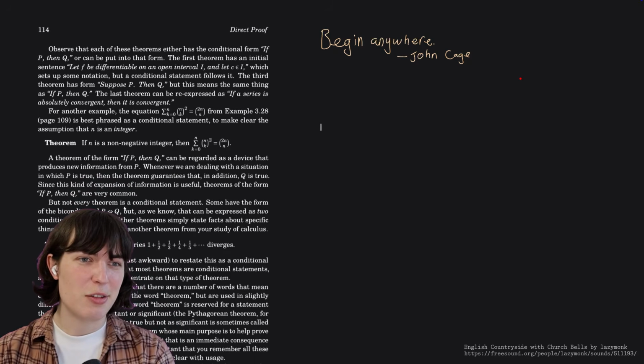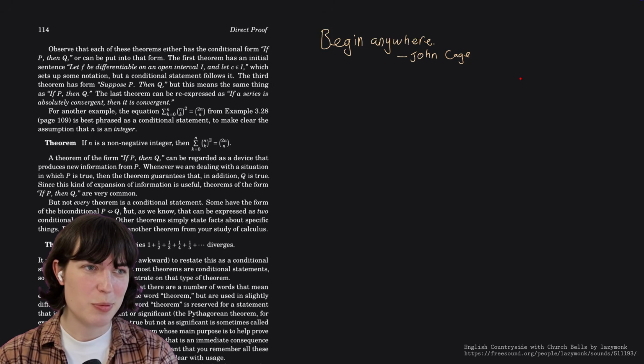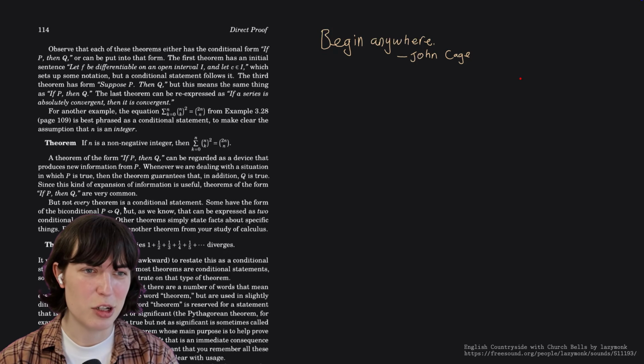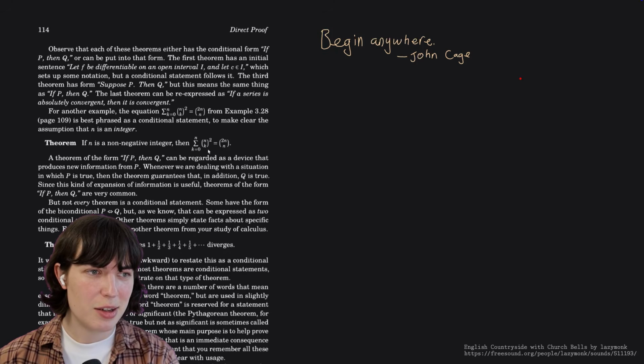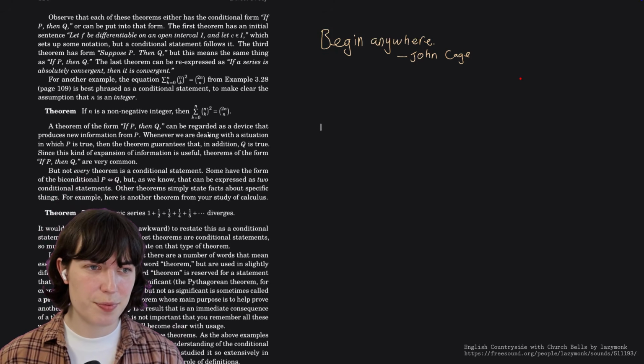The third theorem has the form suppose P then Q, but this means the same thing as if P then Q. The last theorem can be re-expressed as if a series is absolutely convergent, then it is convergent. For another example, the equation from example 3.28, page 109, is best phrased as a conditional statement to make clear the assumption that n is an integer.